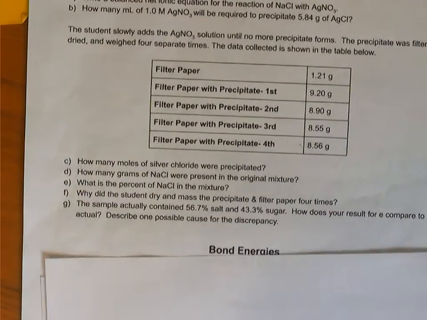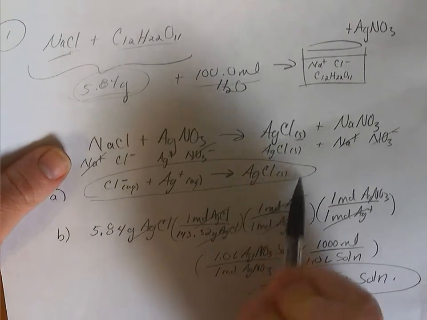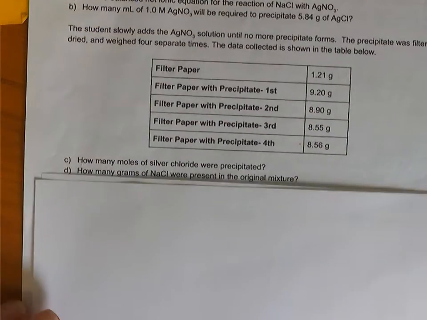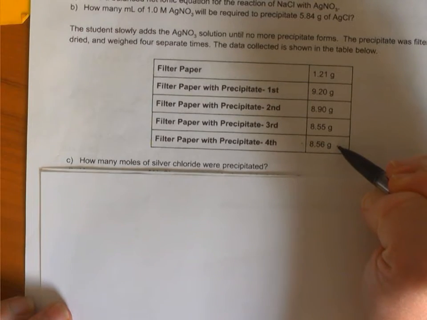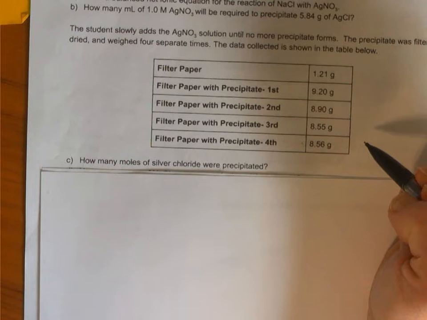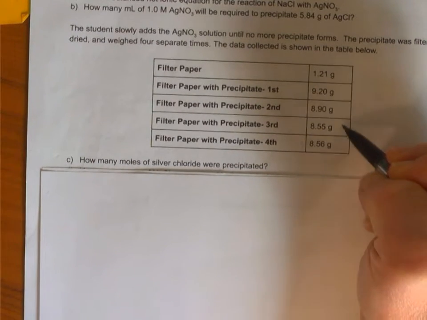So our reaction made this, and this is what's in our filter paper, this precipitate. So how do I find out how many moles? Well, I want to use my final massing. And I know we might be torn. Okay, do we use this or do we use this?